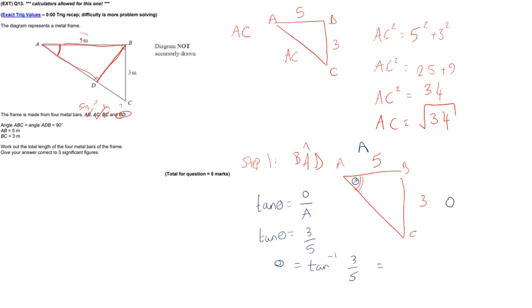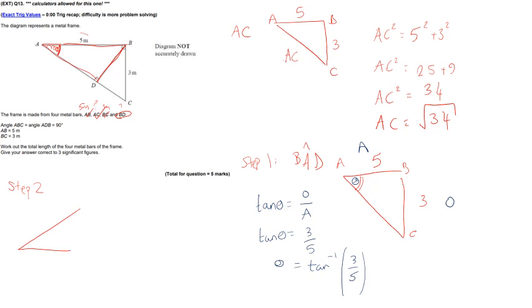We are allowed to use calculators for this. For now, I'm just going to leave it like that. Inverse tan of 3 over 5 gives me a long decimal, so I'm going to leave it like that for now. So we've done step 1 to find this angle here, which we now know, and I'm going to use that to then help me find BD.